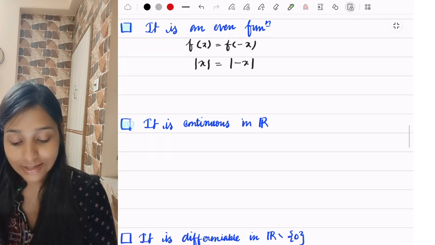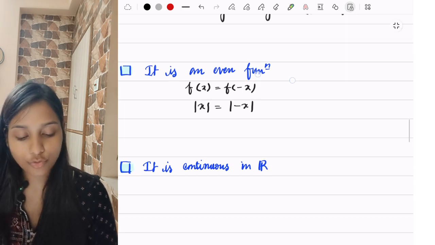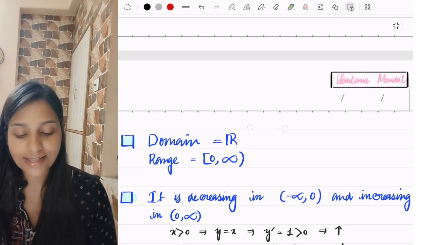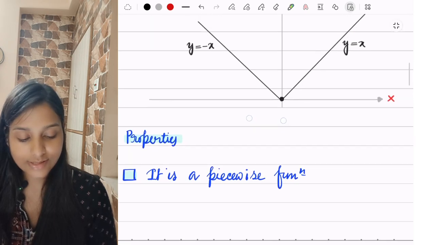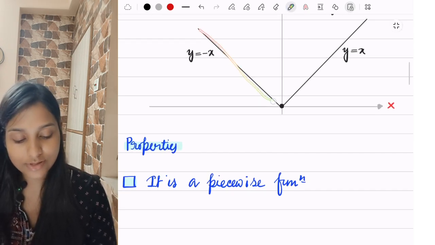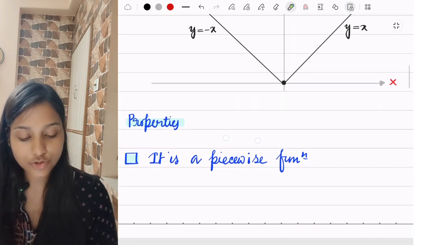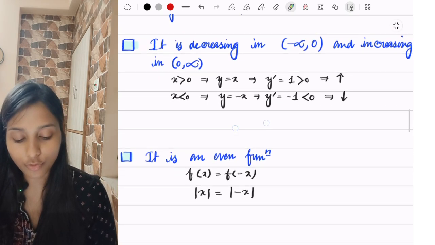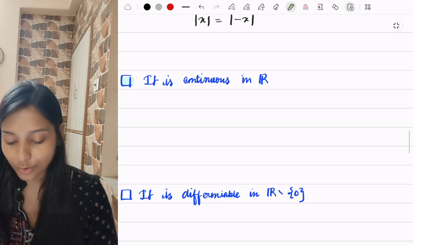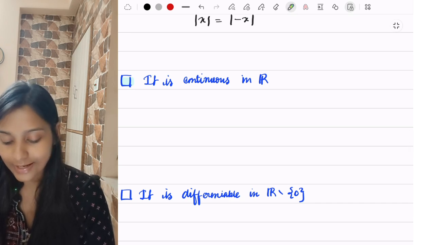Next, it is continuous in R. From the graph, it is obvious that it is continuous in R. We can draw it continuously without taking off our pen. If we try to prove it, for continuity, we need to consider three cases.